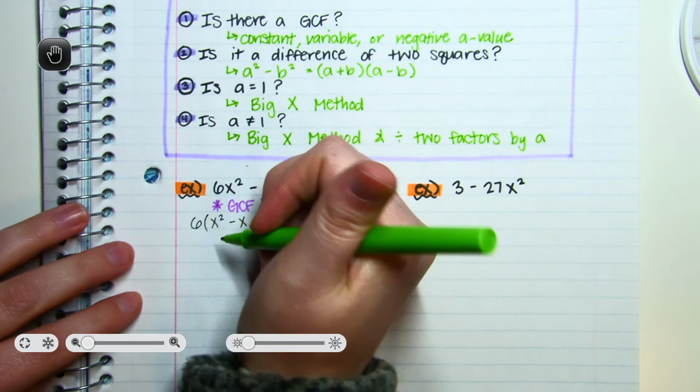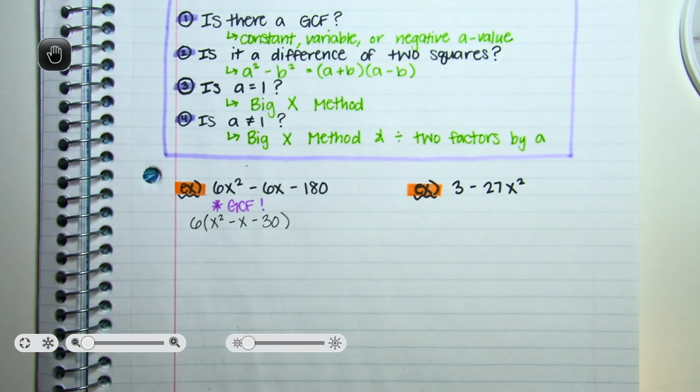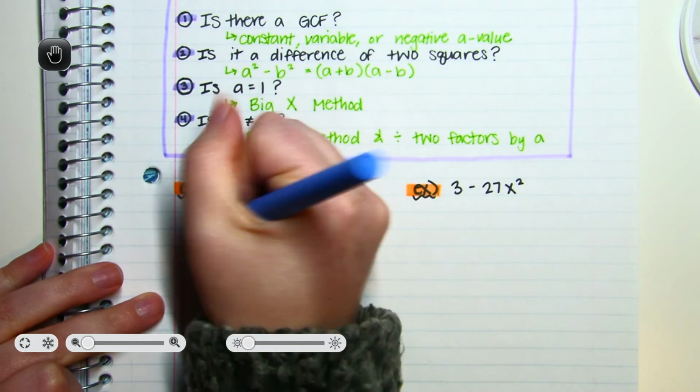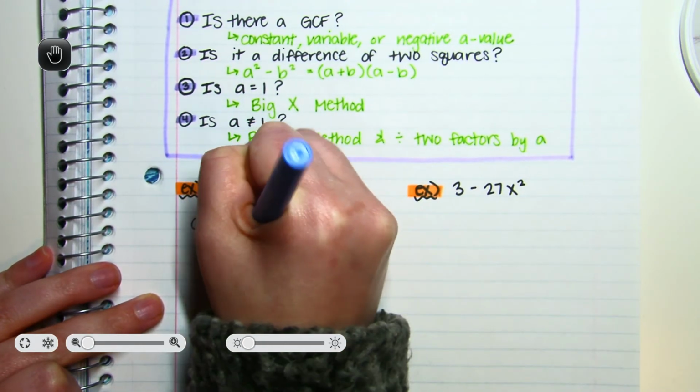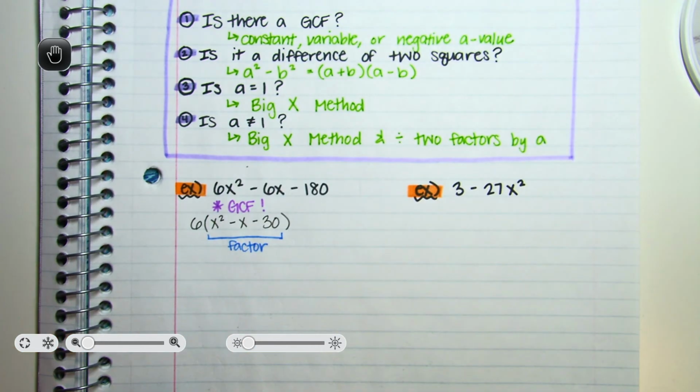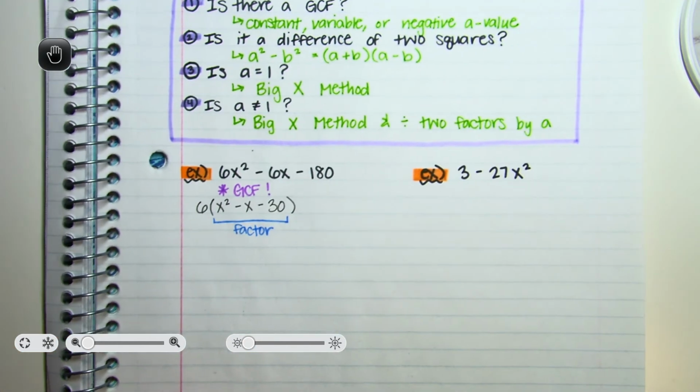This thing that we're left with, we are going to factor. So that 6 that we just factored out is just going to stay hanging out at the front.